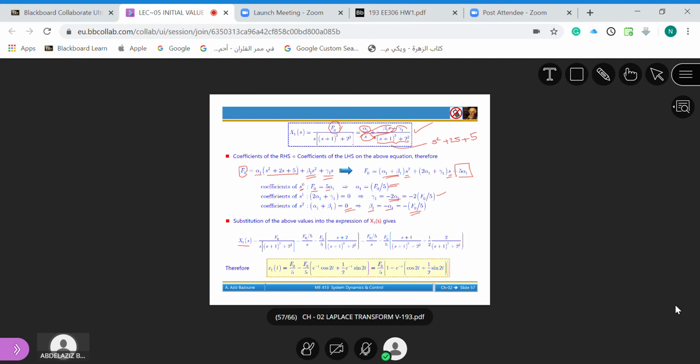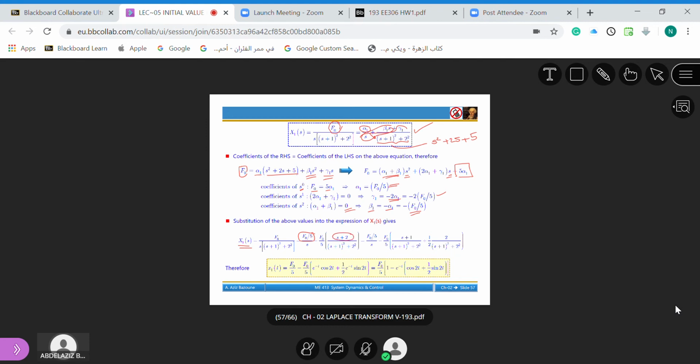So our x1 will be written like this. F naught over s plus 1 squared plus 2 squared. F naught, we found it to be f naught over 5, which is alpha 1. This is alpha 1, f naught over 5 over s, plus f naught over 5, s plus 2 here, divided by s plus 1 squared.